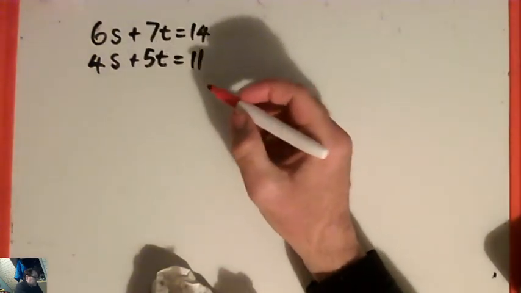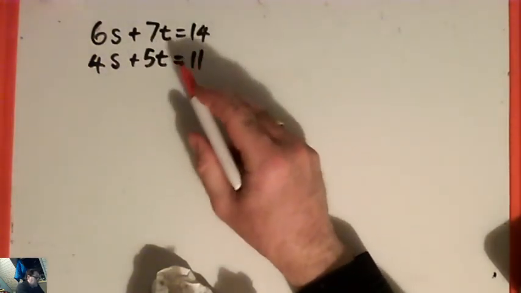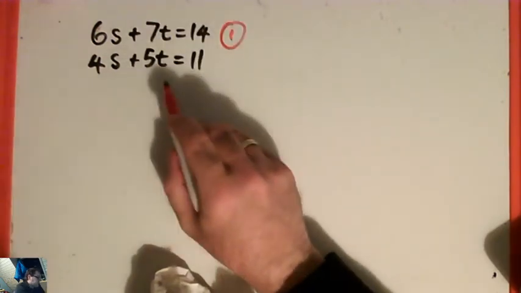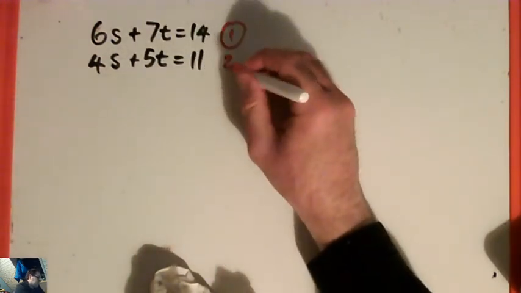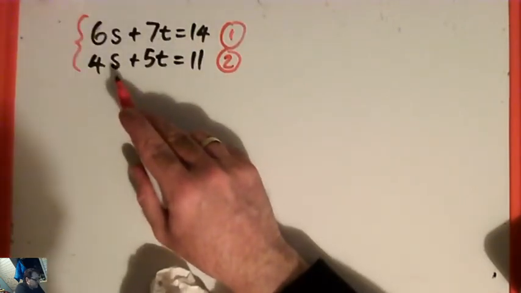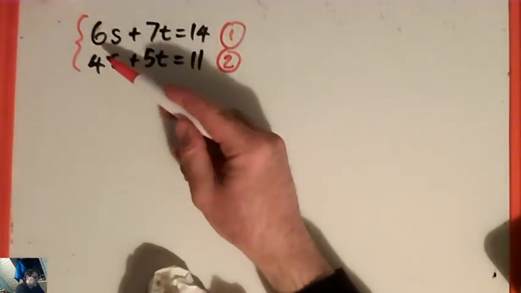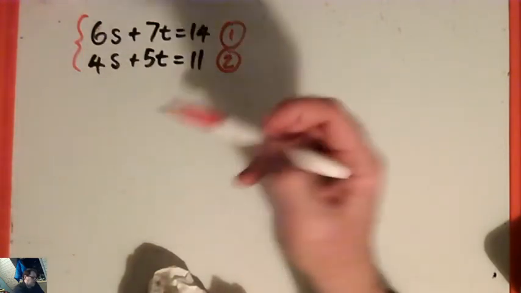So the next question had 6s plus 7t equals 14 and 4s plus 5t equals 11. So I'm going to try and make the s's the same. I notice 6 and 4 both go into 12. So I'm going to try and get a 12s in both equations.